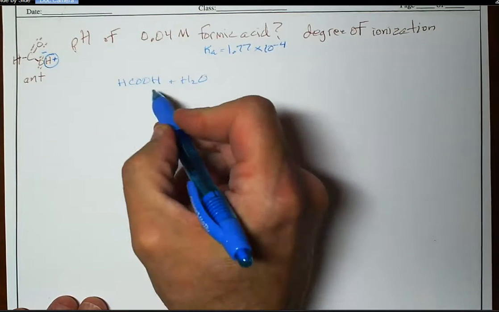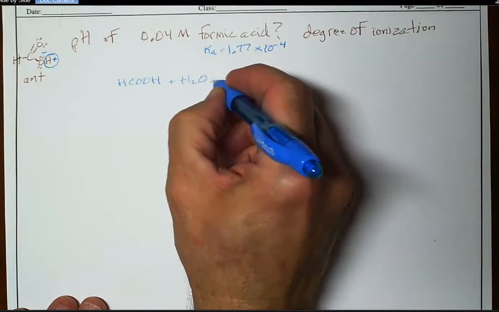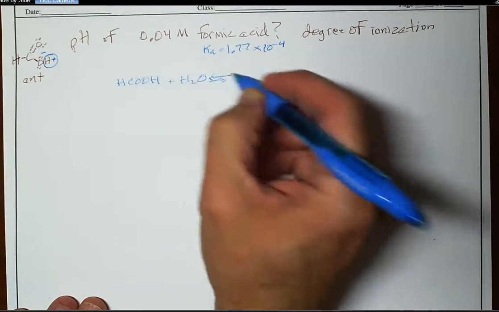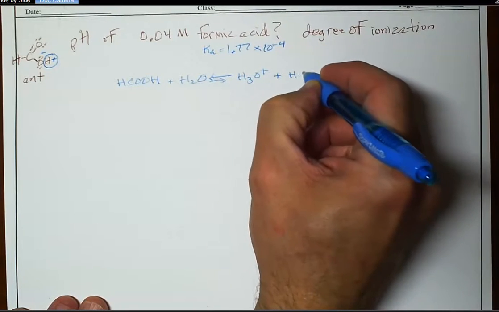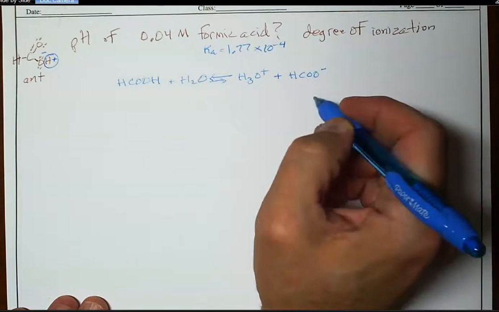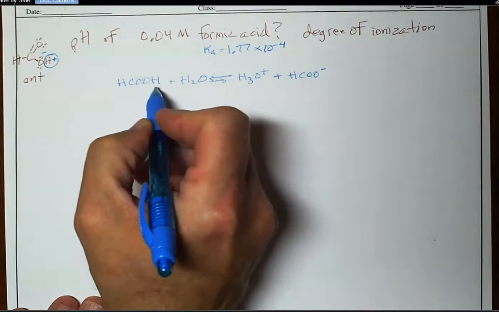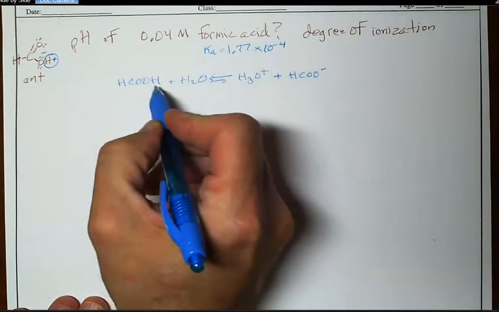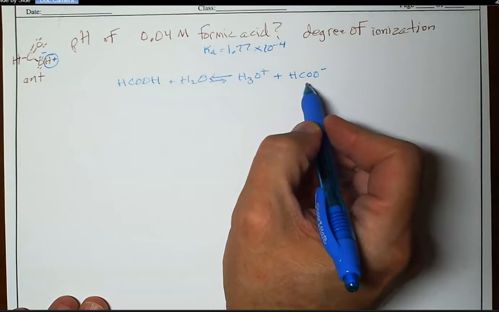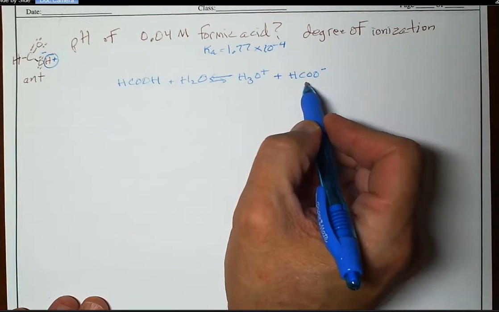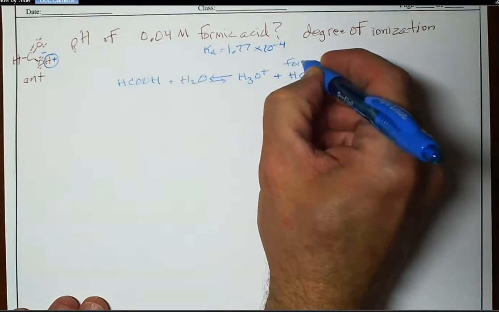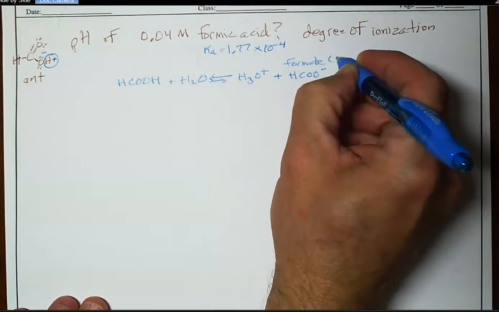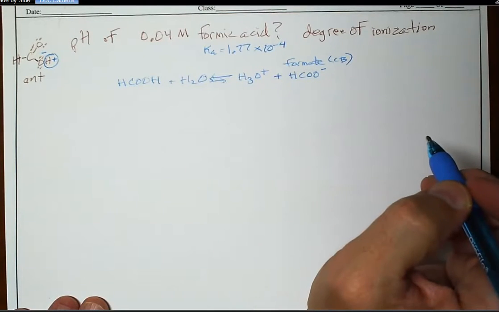So that's going to donate this proton over to the water, and that will produce reversibly hydronium and HCOO negative. Now, if this is formic acid, what is this? This is its conjugate base, which would be called, who said that? Yes, formate. Okay, formate. That's the conjugate base of formic acid.